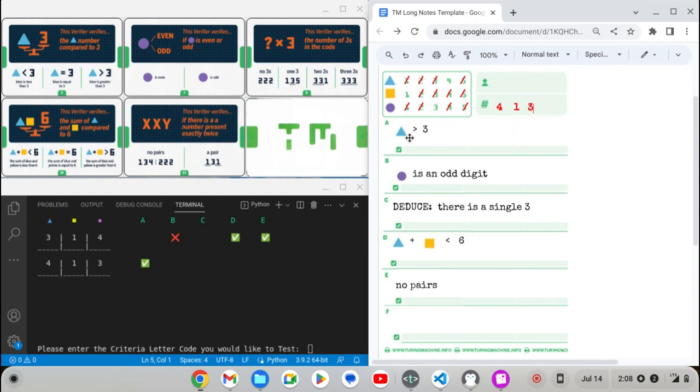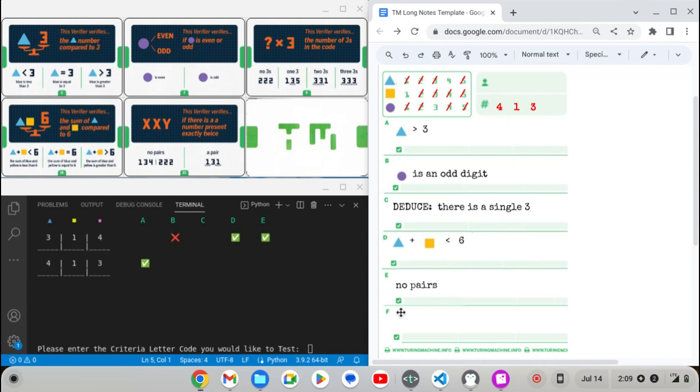And just a real quick check. Yes, the first digit is greater than 3. The last digit is odd. We're deducing that there is an odd. And the sum of the first two is less than 6. And there are no pairs. They're all distinct. Well, it looks great.